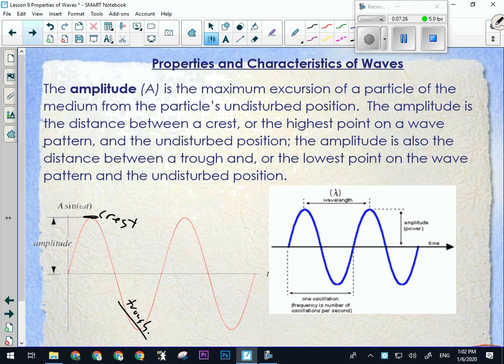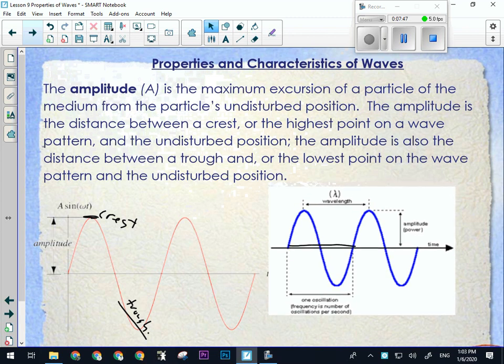Now, wavelength, like we said, is the length of one complete cycle. So one cycle is the distance between any two equal successive points. If I move this line that I just drew, you can see that as long as I keep moving it along the wave, it always touches the next equal point on the wave.